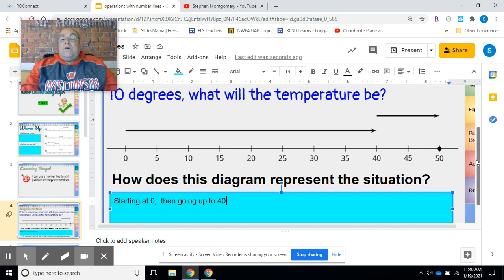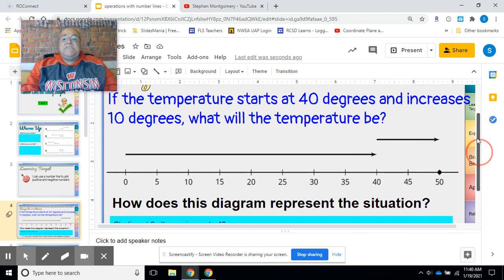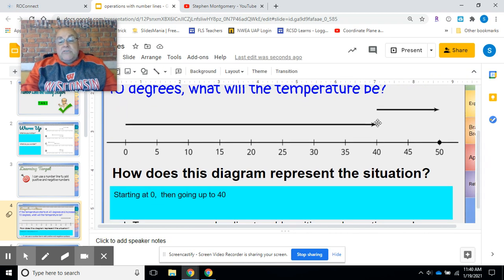The next part of the problem talks about it increasing by 10 degrees. So that means we're going to add on to this arrow. If it increases, it's going more to the right, becoming more positive. Now here's where we want to be careful. We're not going to go 10 steps, because each step counts as 5. So if I'm at 40 and I count 1 hop, that's 5. 2 hops, that's 10.